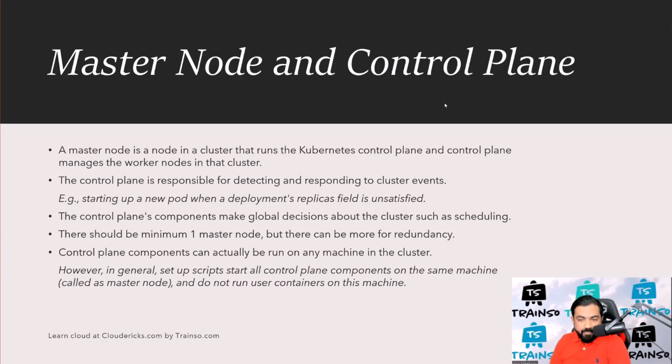There should be a minimum of 1 master node, but there can be more for redundancy. Control plane components can actually be run on any machine in the cluster. However, in general, setup scripts start all control plane components on the same machine, and that is called our master node, and do not run user containers on this machine.